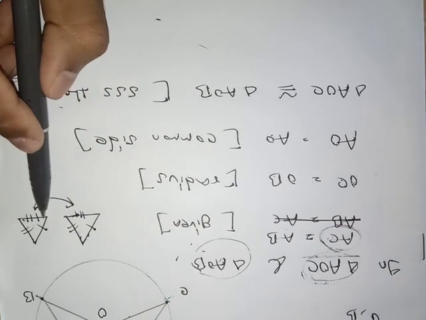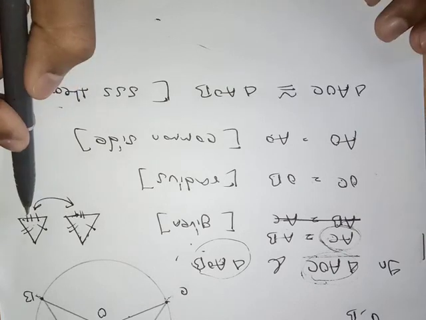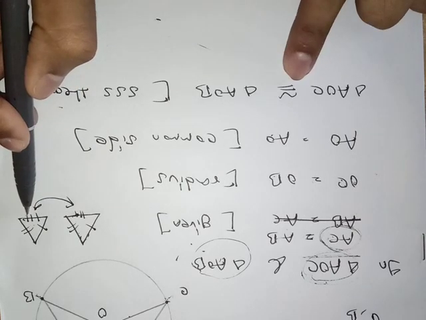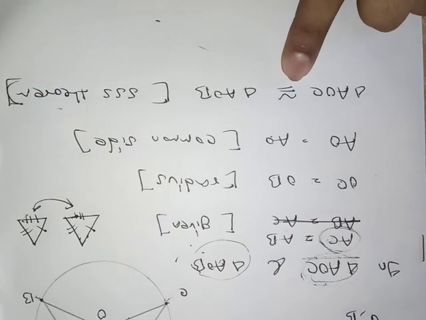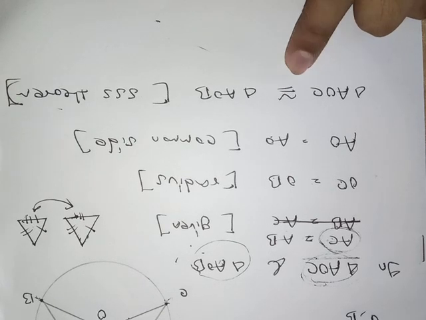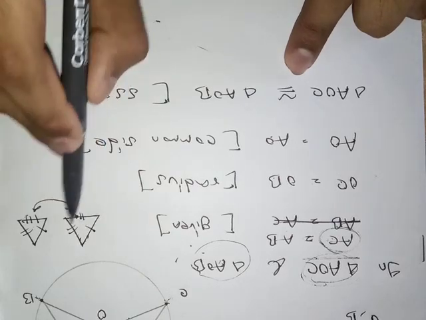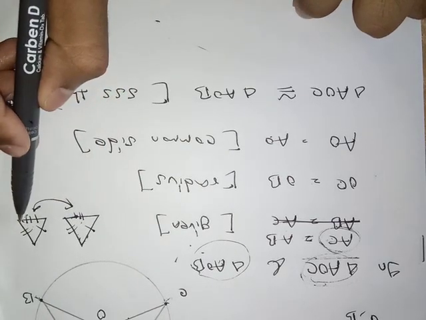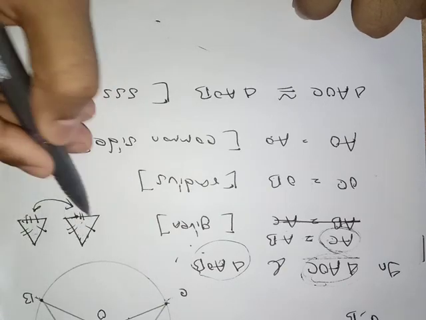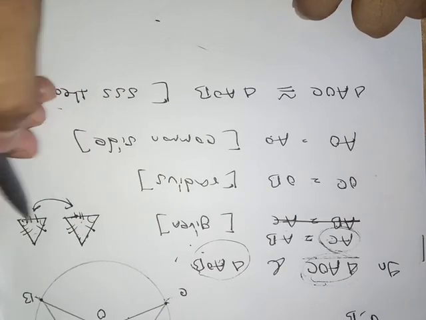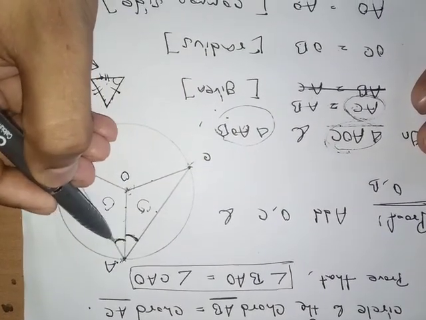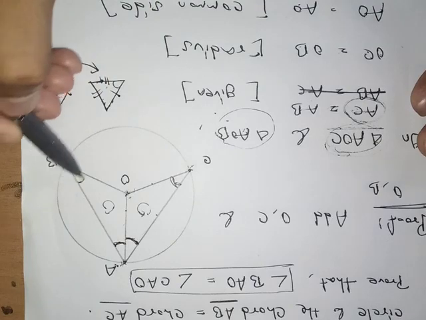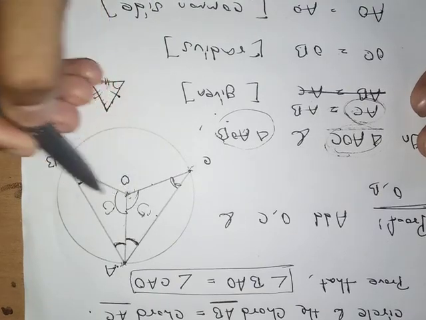What does congruence mean? Congruence means three sides of this triangle are equal to the three sides of the other triangle, and three angles are equal to the three angles of this triangle. So you can say this angle is equal to this angle, this angle is equal to this angle, and this angle is equal to this angle.